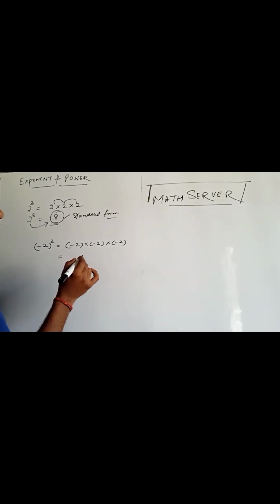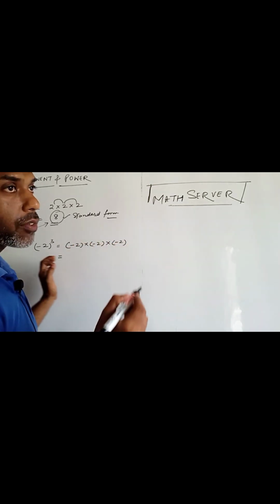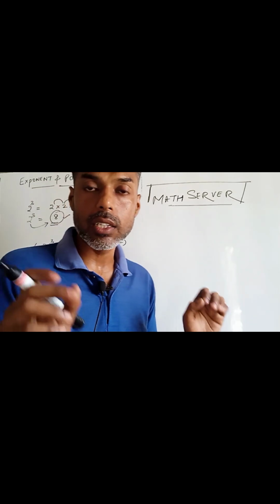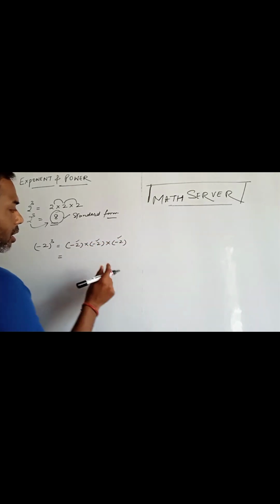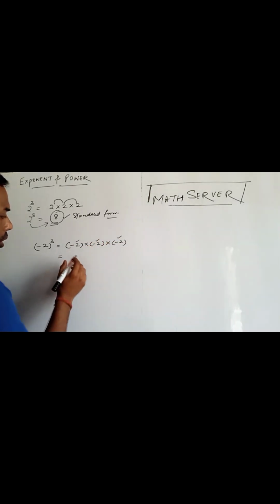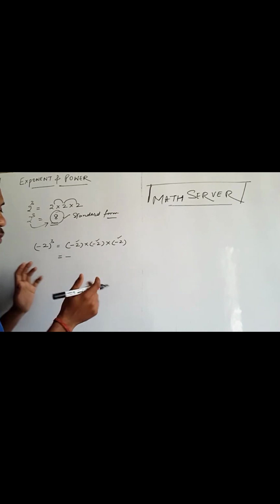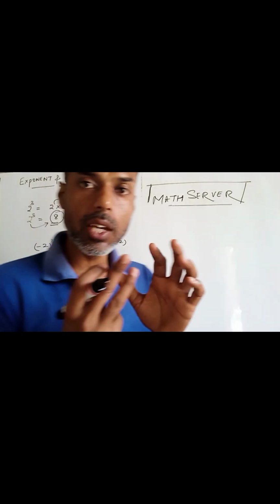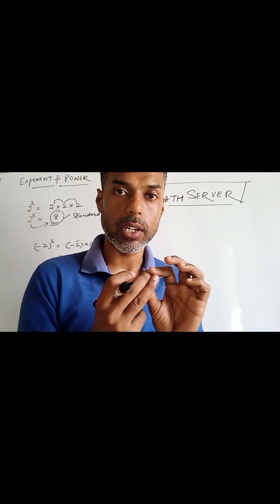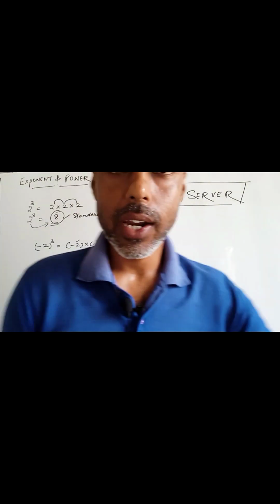Now as we learned in integers, if there is an odd number of negative signs while doing multiplication and division, the answer will also be negative. So 1, 2 and 3, there are 3 negative integers, so our answer will be negative. Now अब हमें सिर्फ नंबर्स को मल्टीप्लाई कर देना है, 2 to the 4 to the 8, so we have negative 8. क्योंकि यहाँ पर नेगेटिव इंटीजर 3 थे और 3 एक ऑड नंबर है, इसीलिए हमारा आंसर भी नेगेटिव है. Okay, you got this? I hope you have learned this one.